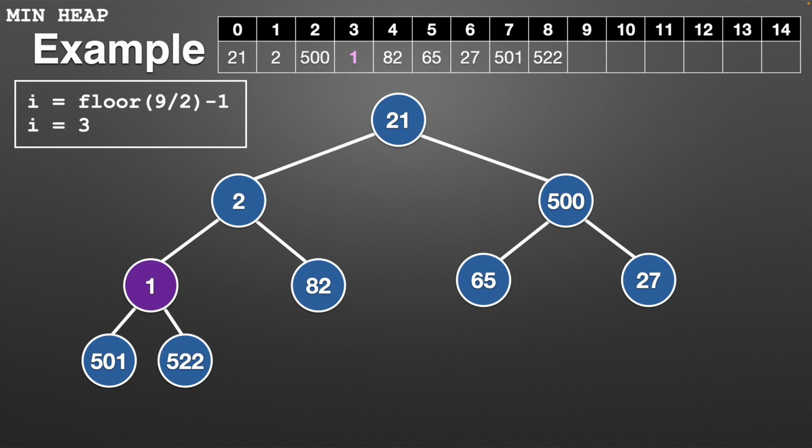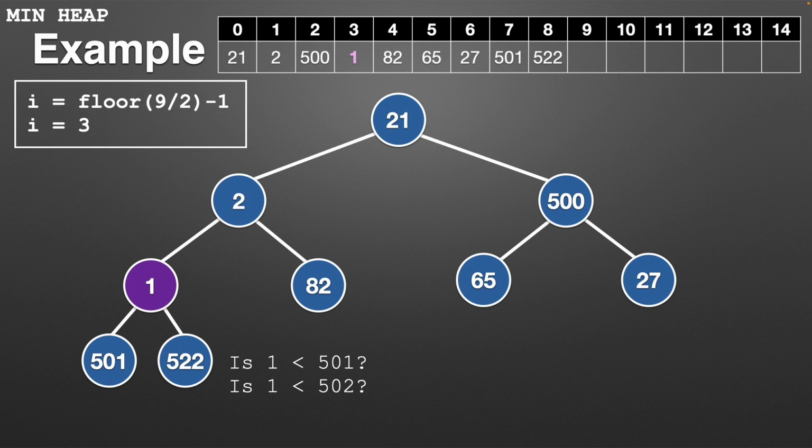If you compute that index, you'll see 9 over 2 is 4.5, so we go down to 4, then subtract 1 to get the index, and that's 3, which corresponds with 1. That will get you your starting point each time. We'll start there and do this in a for loop.